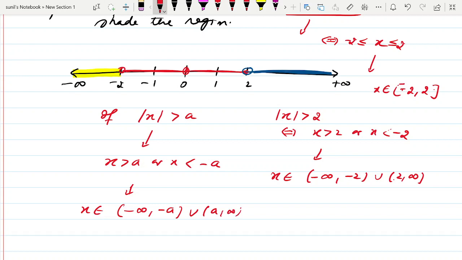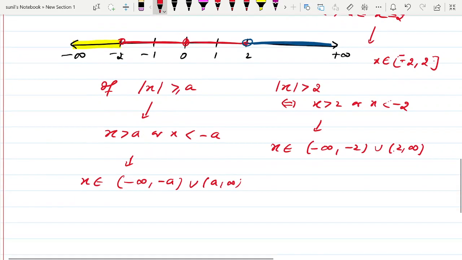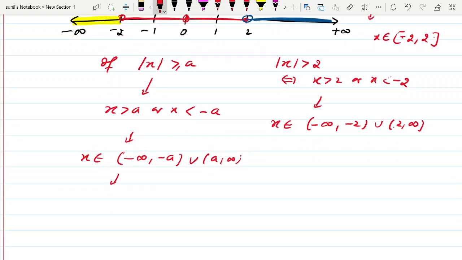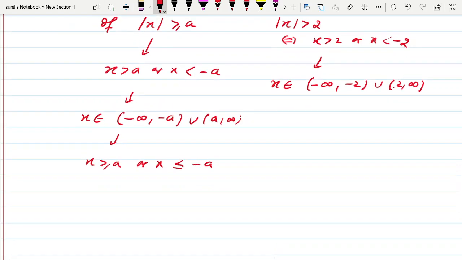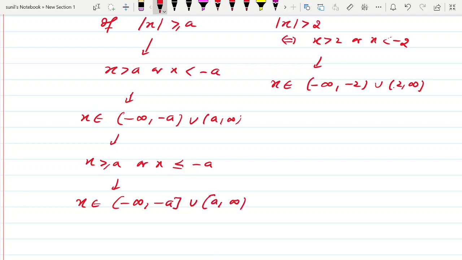Now guys, if it is less than or equal to, then this bracket has to be a closed one. So I should write this way, x greater than or equal to a or x less than or equal to minus a, and then it will become x belongs to minus infinity to minus a union a to infinity.